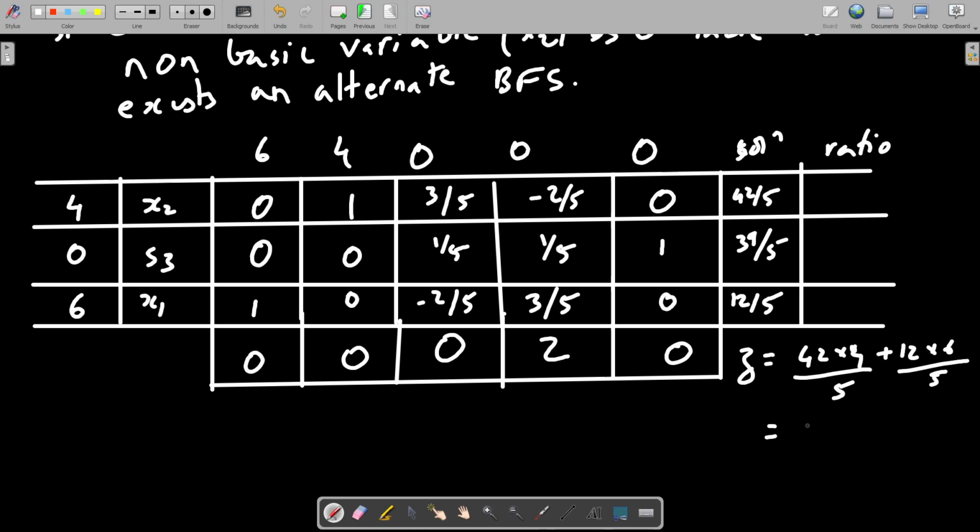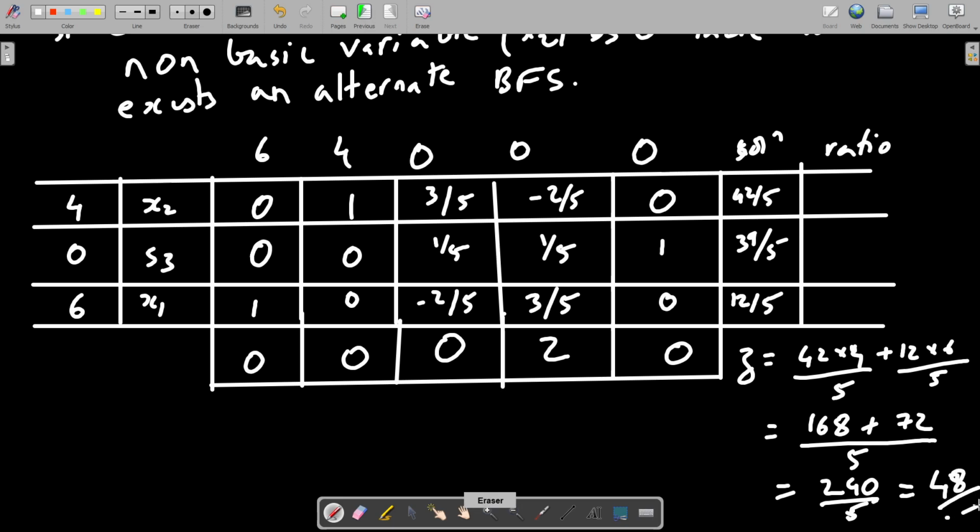So 42 into 4 is how much? So 168, and 12 sixes are 72. So 240 by 5, that is equal to 48. Okay, which is same as above.